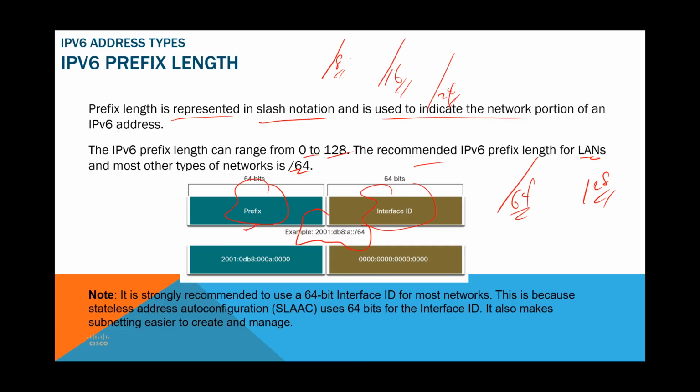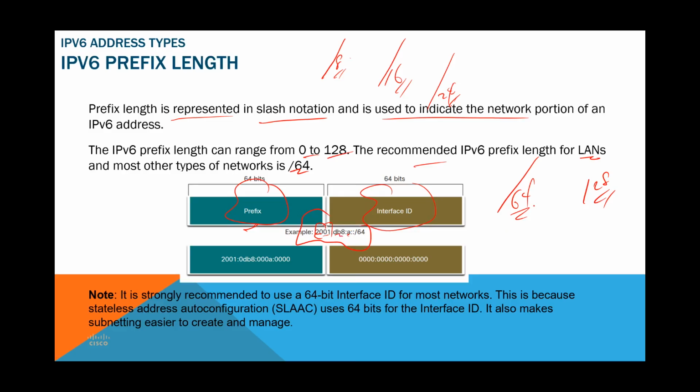And you can see a very good example here. They give us one example here. 2001: if you take a look at this now, that is 16 bits. The next one, 16 bits. The next one, 16 bits. Now that you have the colon, of course, you know the meaning of that.